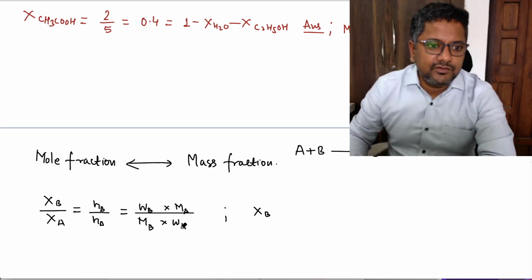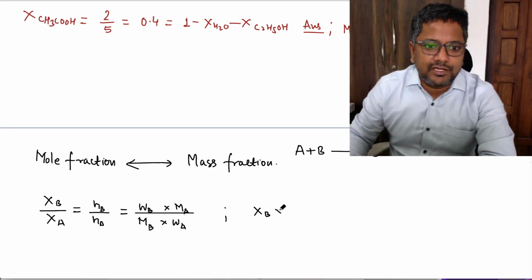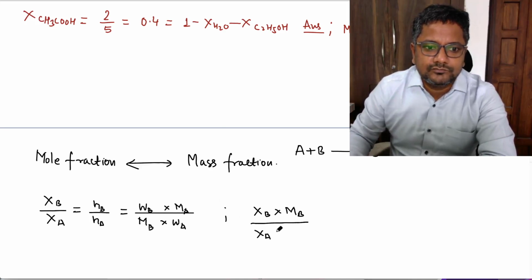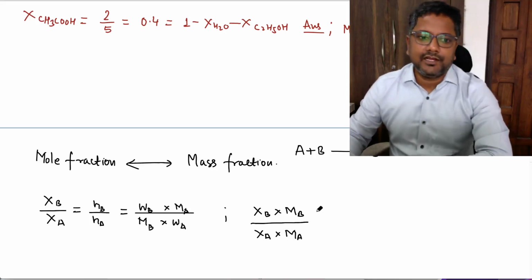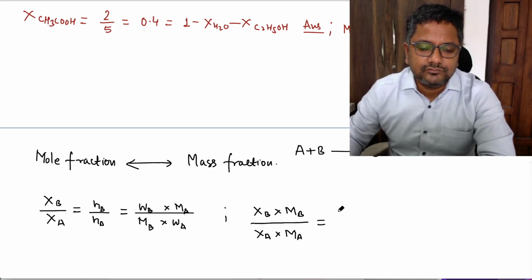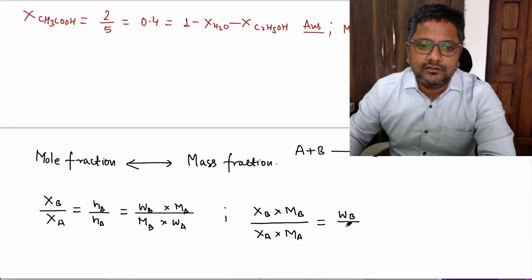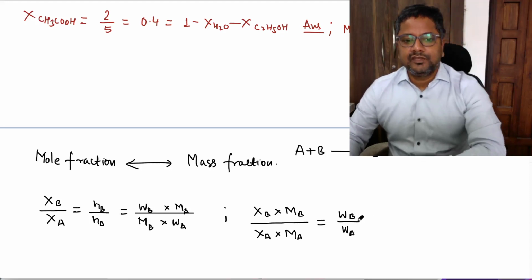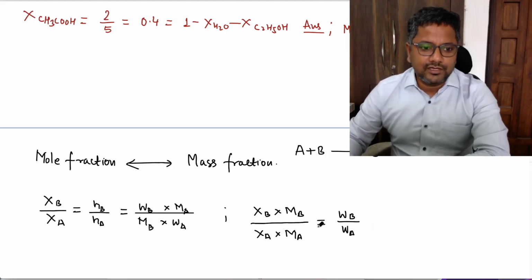So XB into MB divided by XA into MA is equal to WB by WA, right? WB by WA, you can write here. Okay, very simple.